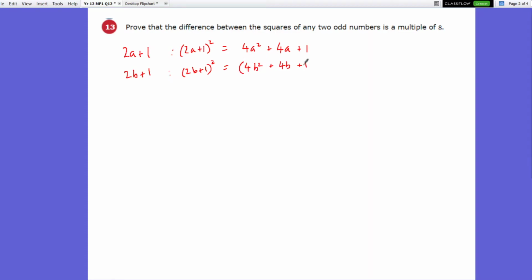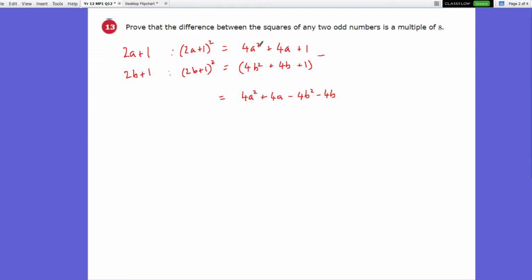And if we take the difference of these by subtracting one from the other, we're going to end up with 4a squared plus 4a. 1 take away 1 is going to disappear, so that's going to be minus 4b squared minus 4b.